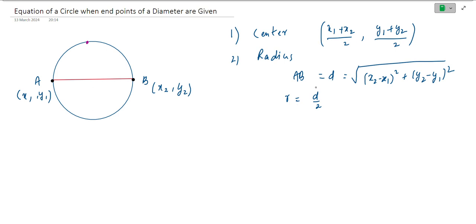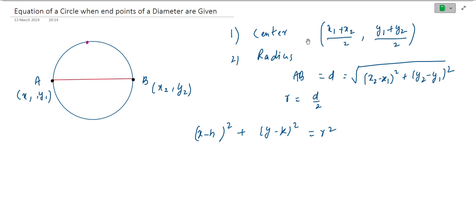After finding the center and radius, if I know the center and radius of a circle, I can find the equation of the circle with the formula x minus h whole square plus y minus k whole square is equal to r square. In the place of h I can substitute x1 plus x2 divided by 2, and in the place of k I can substitute y1 plus y2 divided by 2, because in this equation h comma k is the coordinates of the center.